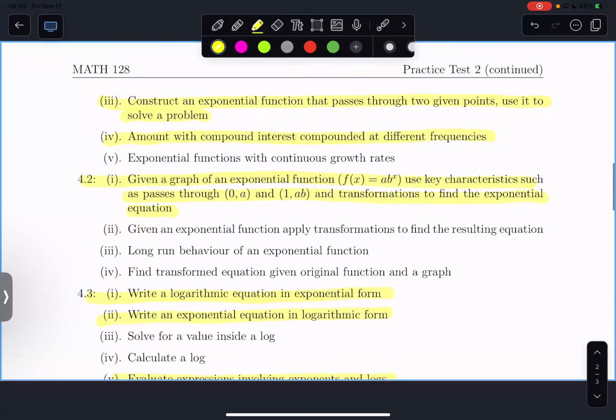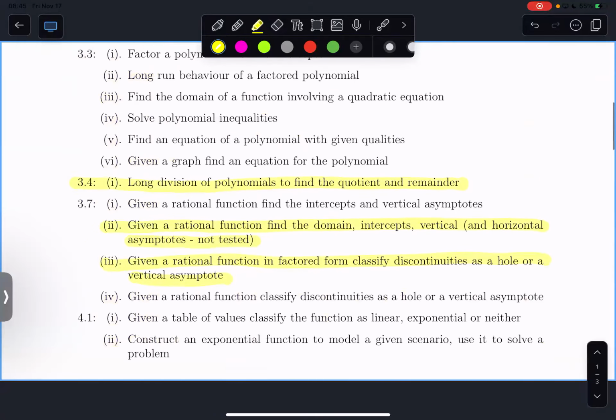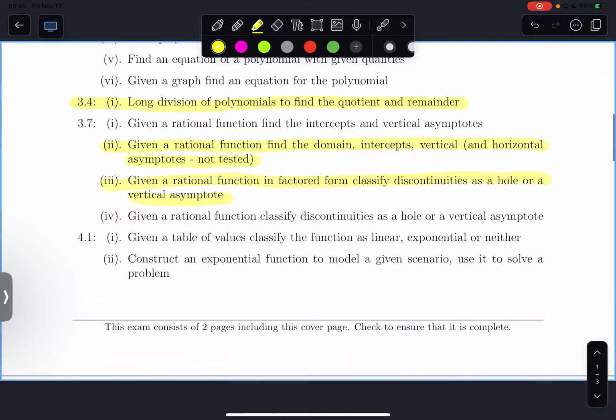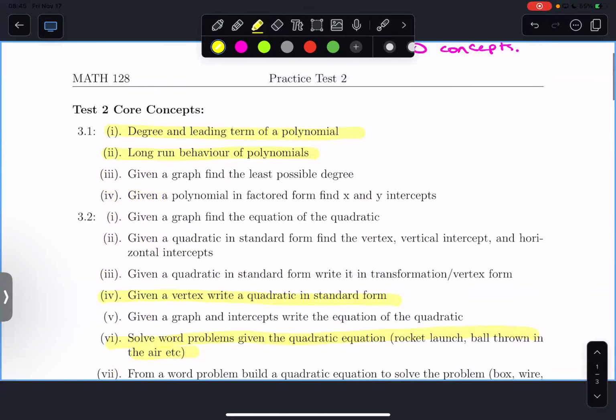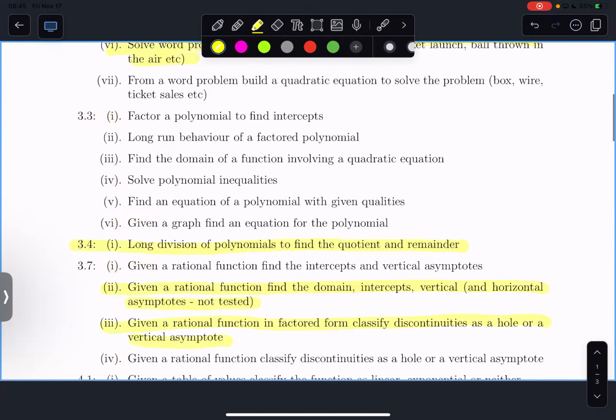Well, let's see what the distribution looks like. Is there anything from, yeah, let's do something from 3.3. One thing, factor a polynomial to find intercepts. Ugh. Long run behavior of a factored polynomial. That might be fun.